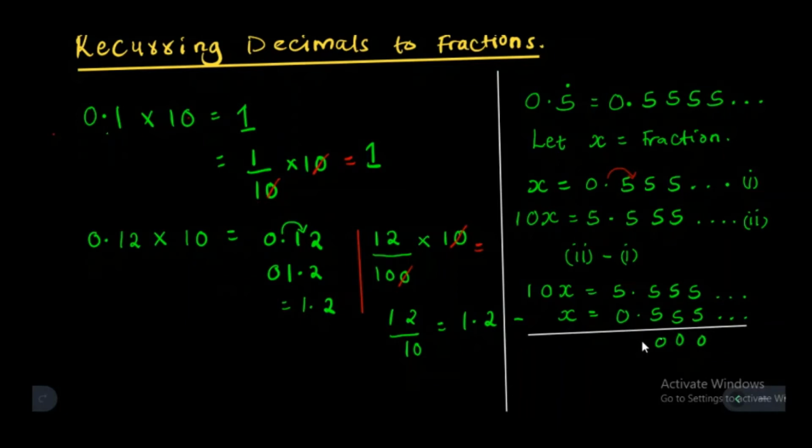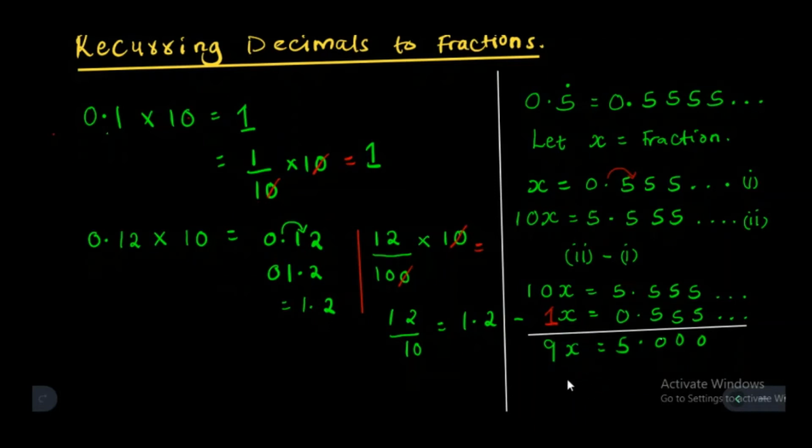And then on the other side of the decimal place, 5 take away 0 is just a 5, equals 10x take away x. When we have 10x take away x, it means that it's only 1x. So we are subtracting 10 minus 1 and that gives us 9x.